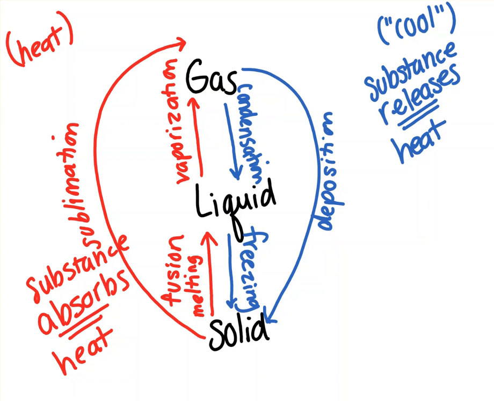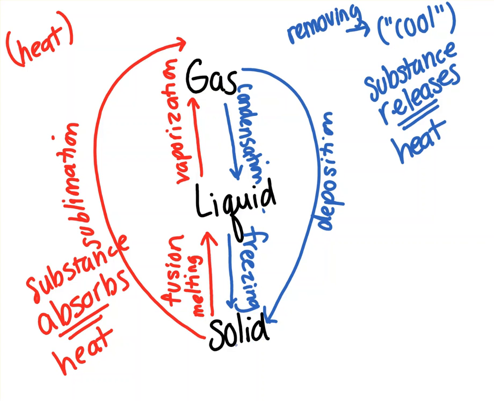That might seem a little strange, and I say cool because cooling something means you're removing heat from it. Think of liquid water in your freezer. In order for it to freeze, you cool it, don't you? Just like we said up here. But cooling means removing heat. In other words, the liquid water is releasing heat, giving it up to become a solid.